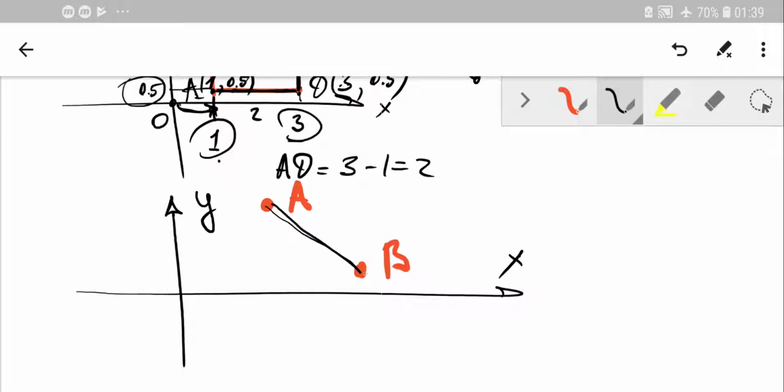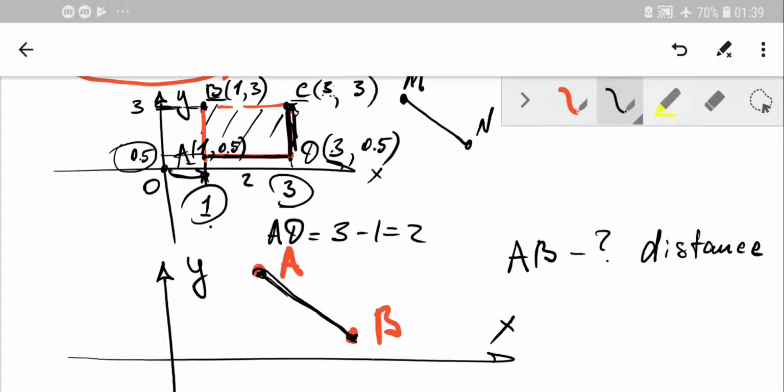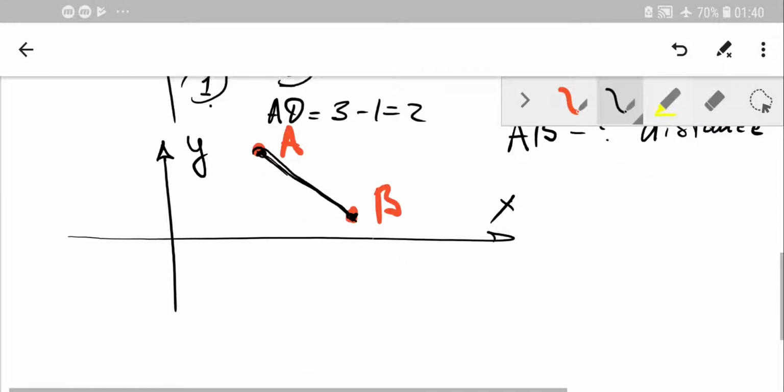Of course, you can measure using a ruler, but in most cases, you need to calculate the distance. So basically, find the length of segment AB. In the case where segments were vertical or horizontal, we simply need to subtract, take the difference of coordinates. In this case, we're not able to do that.